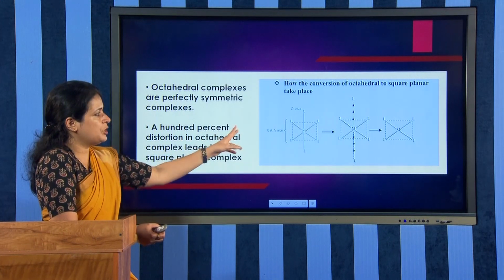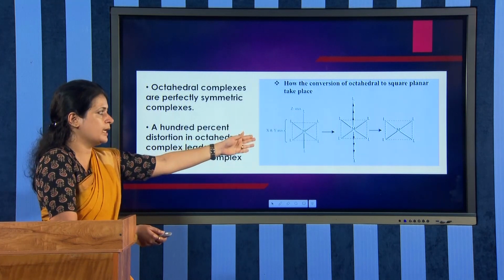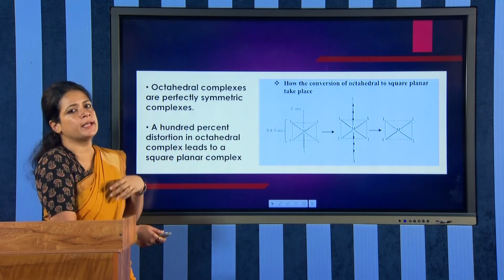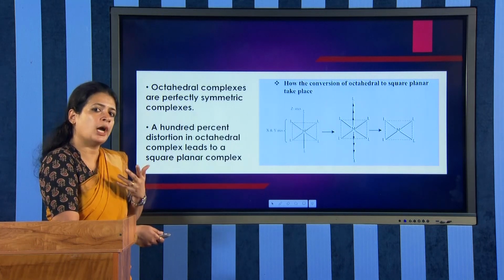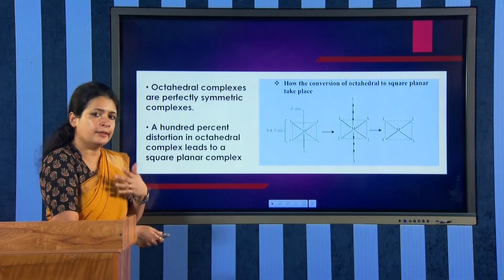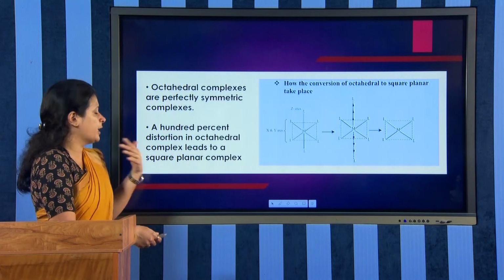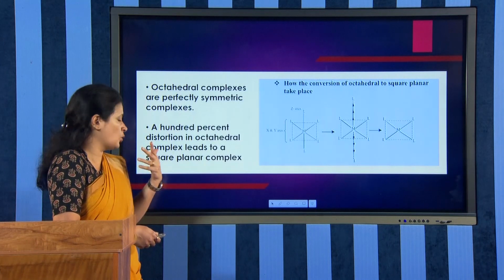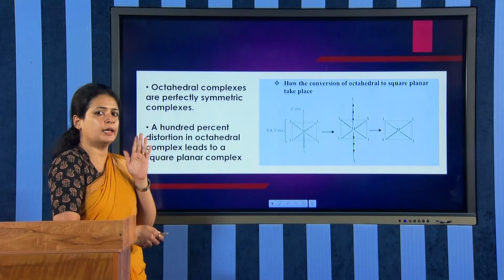In between square planar and octahedral, these intermediates are called tetragonal complexes. Any distortion from the octahedral complex gives a tetragonal complex. So 100% distortion of an octahedral complex leads to a square planar complex, and the intermediate of these two gives the tetragonal complexes.